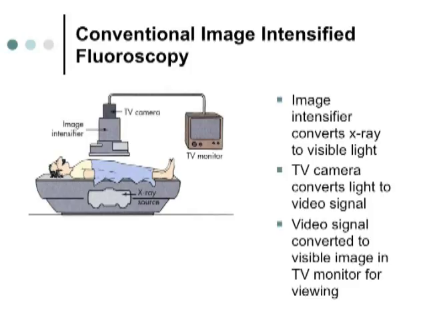So now we have to figure out a way to magnify it so we can see it. That was typically done with a television camera tube. So they put a television camera right at the exit of the image intensifier, right here. And what the television camera tube does in essence is it converts the light image to a video signal. Now the way that it does that, if you want to take a 10-hour fluoroscopy course and take the California exam, Nat can tell you he learned all about how to convert a light image to a video signal, but that's not necessary for this.